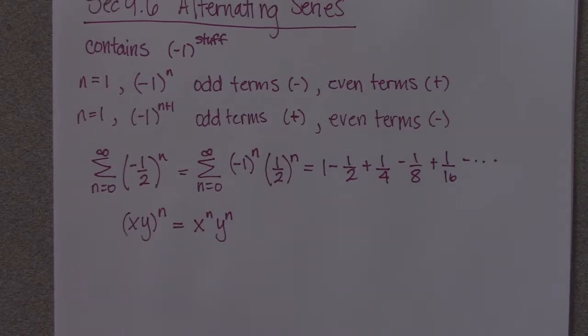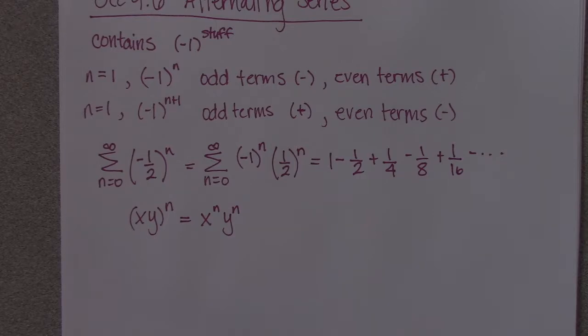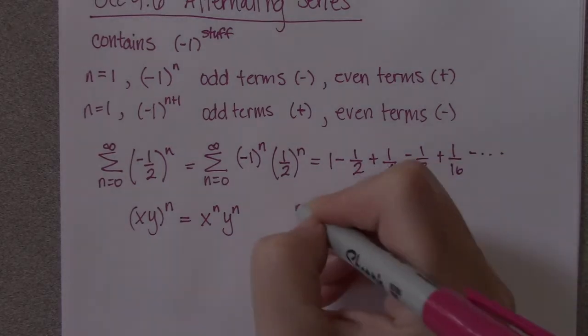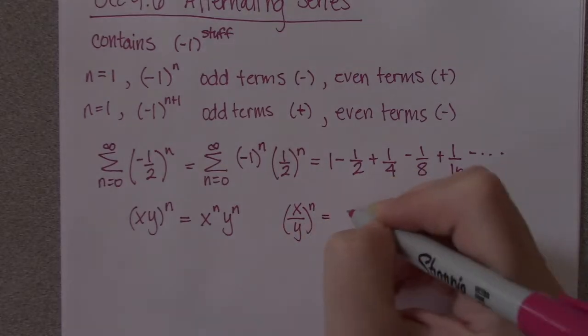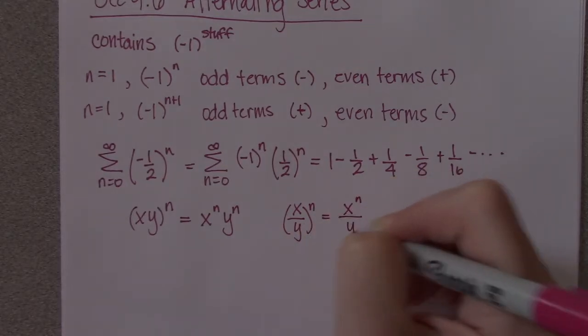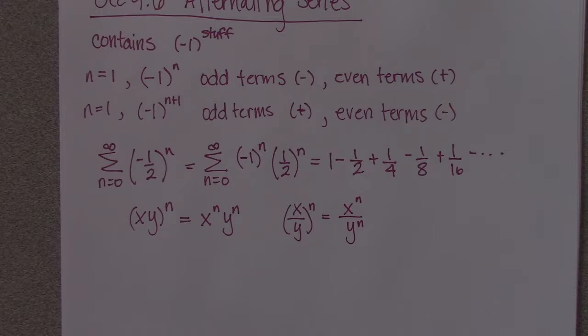And this rule also applies when you're dividing. If you have x over y, to the n, I saw a lot of people struggling with this on the quiz. That is the same thing as x to the n over y to the n. So if you're trying to create a geometric series, you're probably going to be in this situation and write it back like that because you want to find the r value.